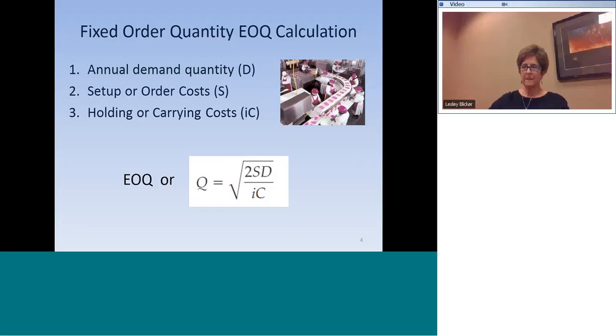And then the formula to calculate the EOQ is the square root of 2 times the setup cost, S, times the annual demand, D, divided by the holding cost, I times C, where I is the interest cost to carry the item, and C is the unit cost.